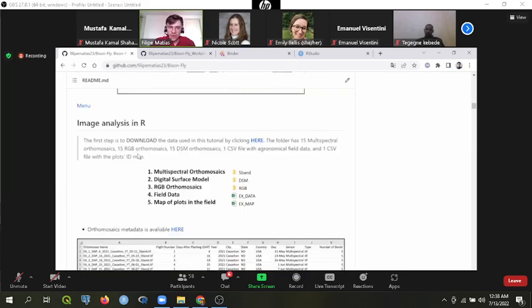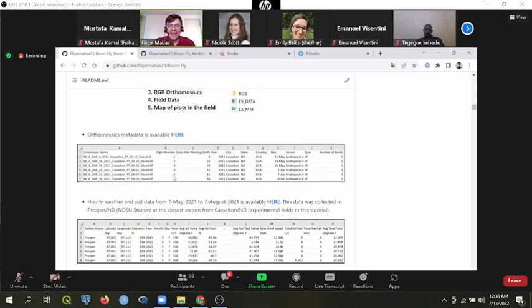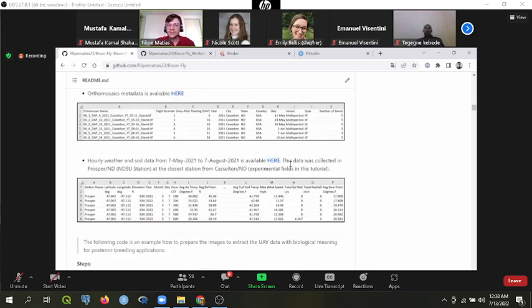And also, we have the metadata explaining what each mosaic name means, and the environmental information from one station very close to Casselton.